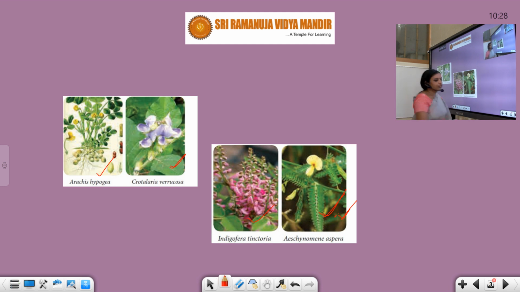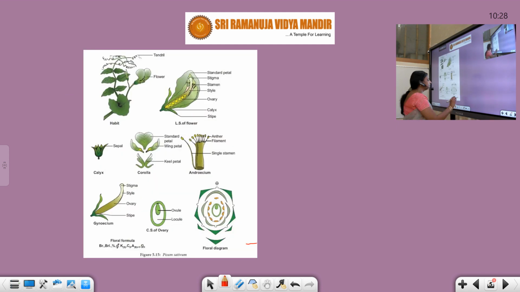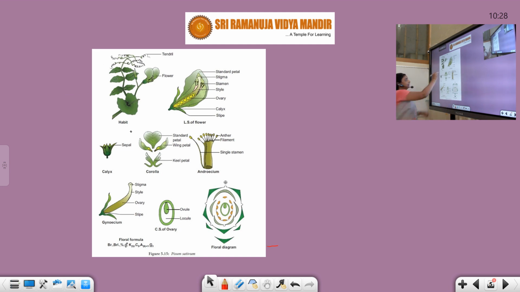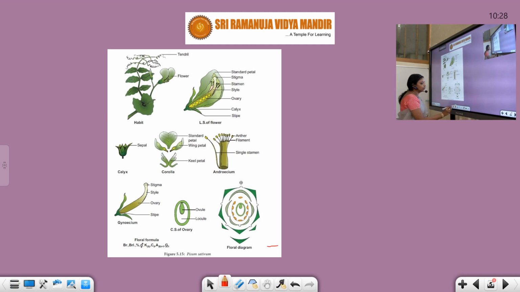So for the distribution, and this is the diagram, you have to first draw the diagram of the twig, the habit, how the twig looks. Then you have to draw the LS of the flower, the longitudinal section of the flower. In the floral parts you can see the standard petal.